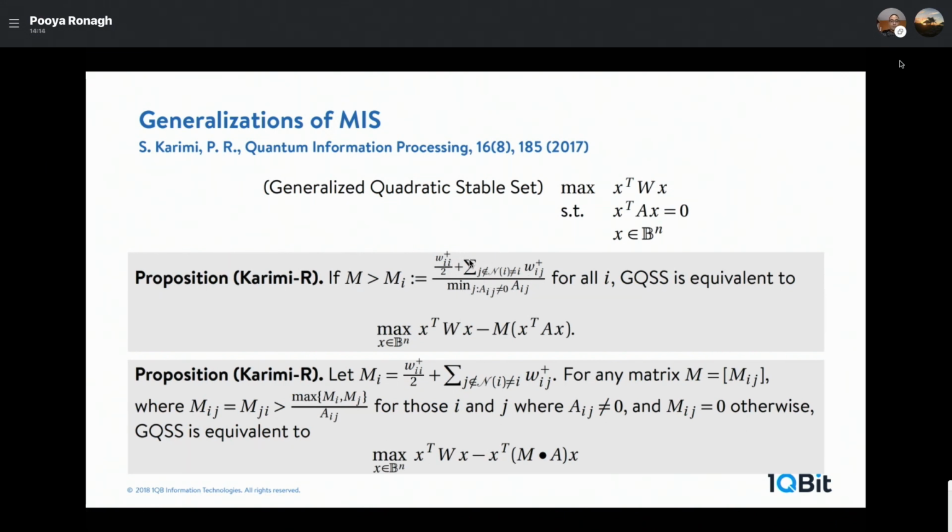And so the formula looks a little complicated, but all you want to know is that the value of the penalty term you have to use here is in the order of the row sum of this matrix W. So if the problem is well conditioned enough, you can imagine that this penalty term would grow linearly in the number of variables, for example, in the original problem. You can do a little bit better if you choose a different penalty term for every entry, every edge of the matrix, but it's still in the order of the row sum of W.